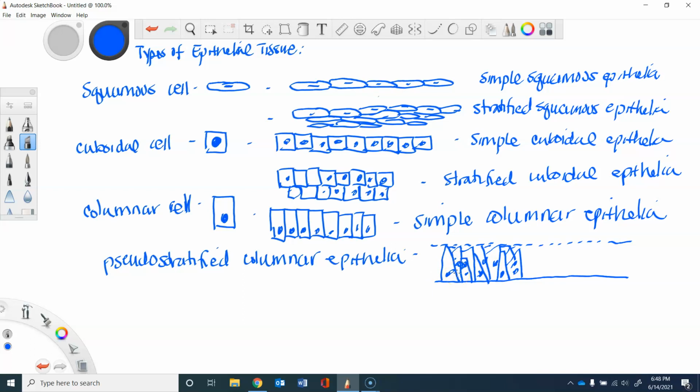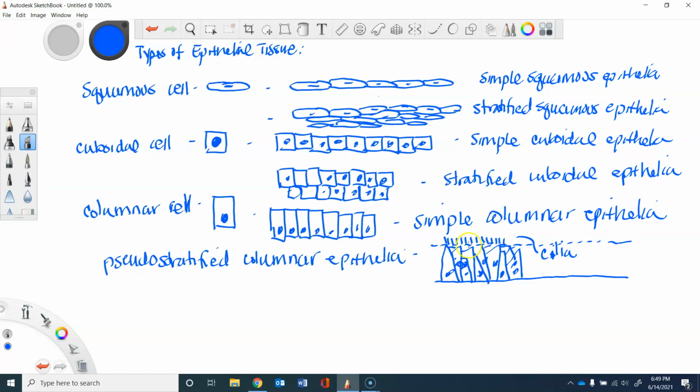It is simple. So we call it pseudostratified columnar epithelia. This type of epithelia will always have little hairs on it called cilia. And cilia are little hair-type extensions off of the cells that move in a way that drag mucus across them.